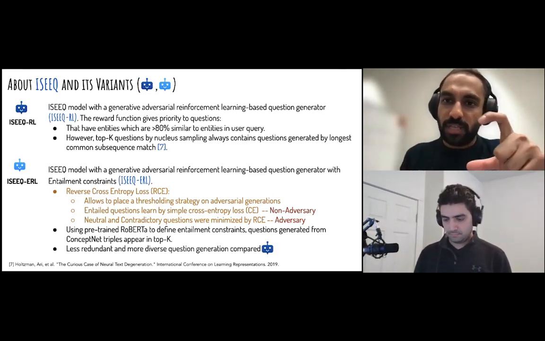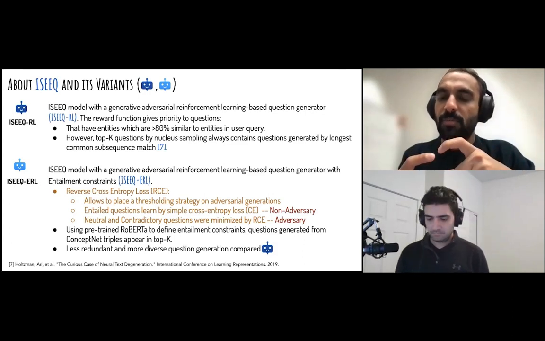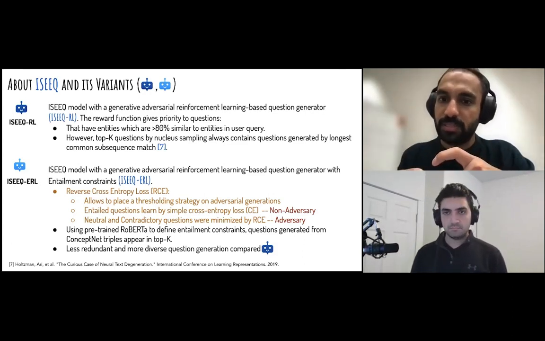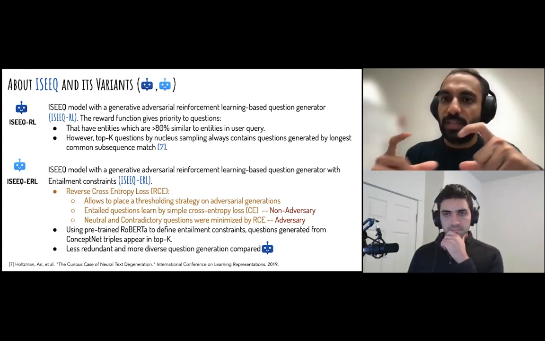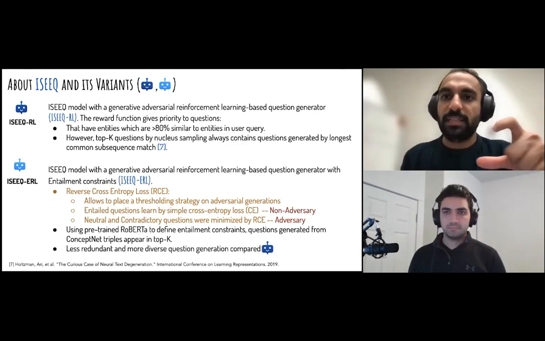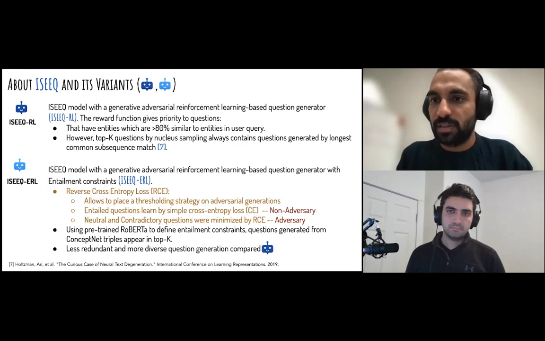If the first question and the second question have a semantic relation with each other, being identified by the triples, then it is a non-adversary generation. But if there are no triples associated with it, if there is no connection between the first question and the next question, and they are just redundant or they are just random questions, they are adversary.